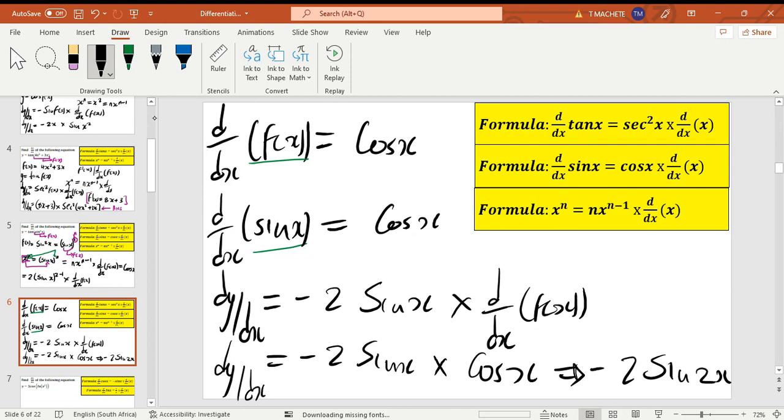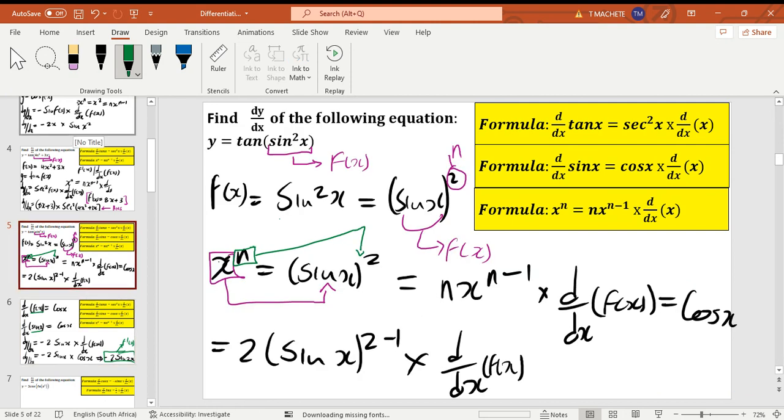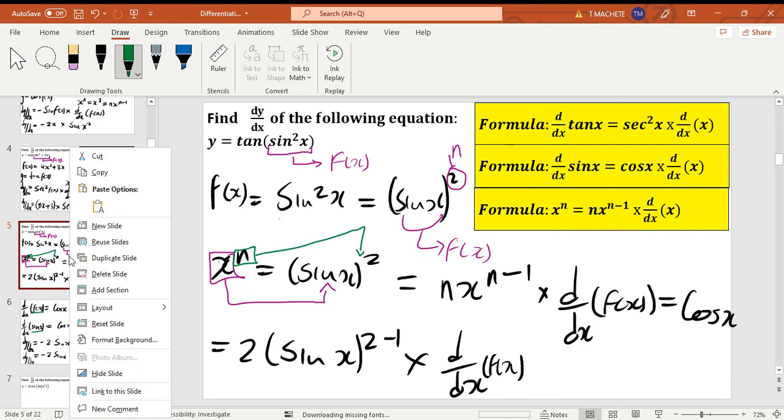This, guys, remember the whole point of doing this? This was your f prime. Don't forget that. This was your f prime for tan, for your original formula. It was the f prime on this equation.